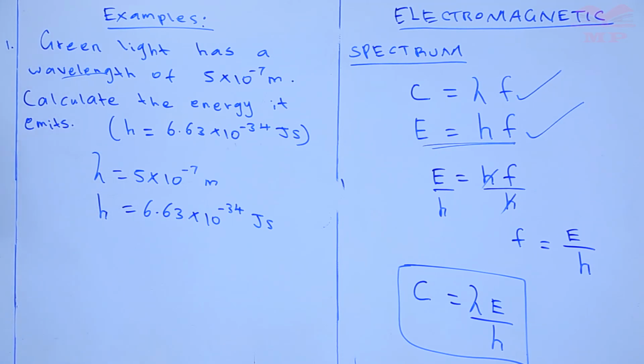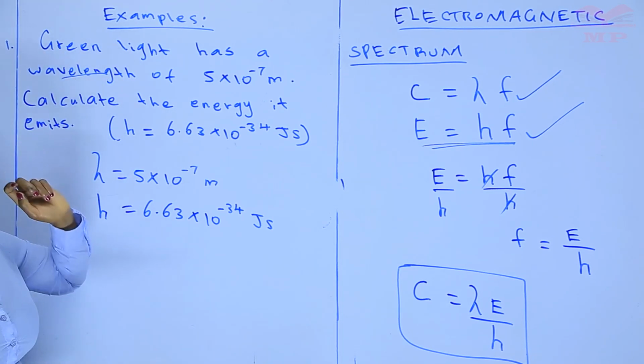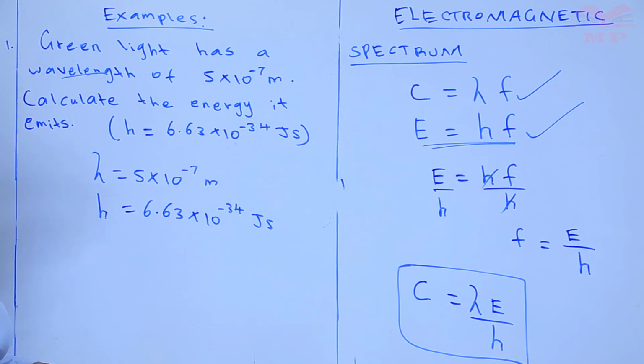Now, from this, what else do you think we have been given, though it may not be written here? What else do we know? Now, we are talking of green light. Green light is an electromagnetic wave because it is in that group of the visible light. And therefore, the speed of the green light is the speed of light.